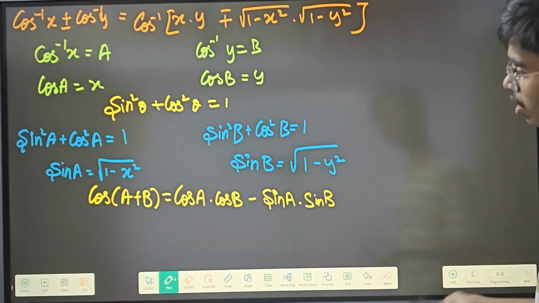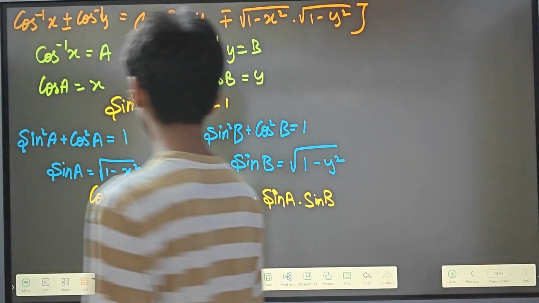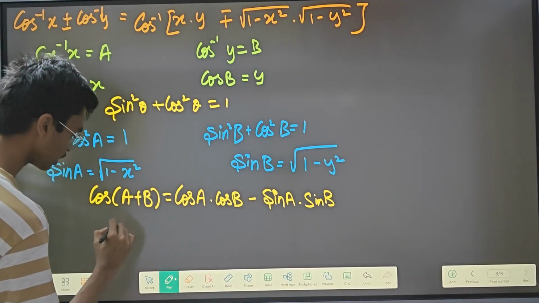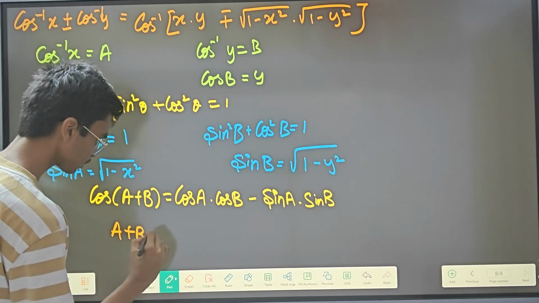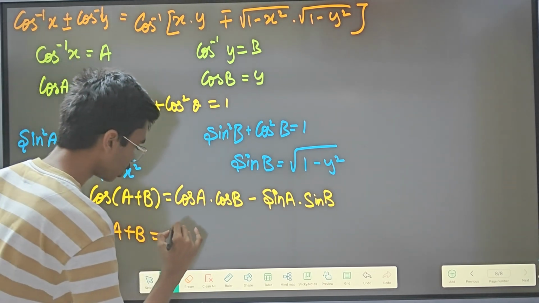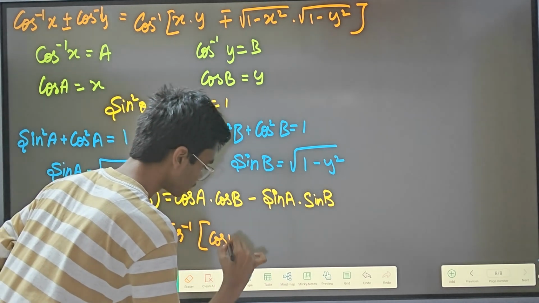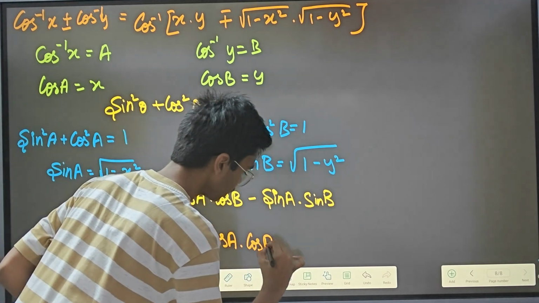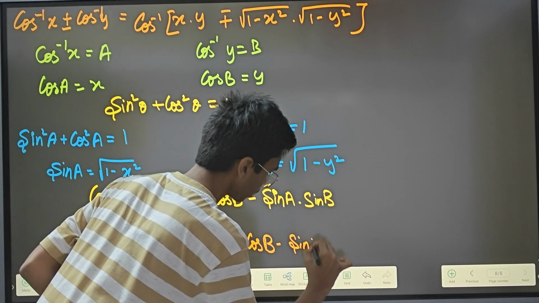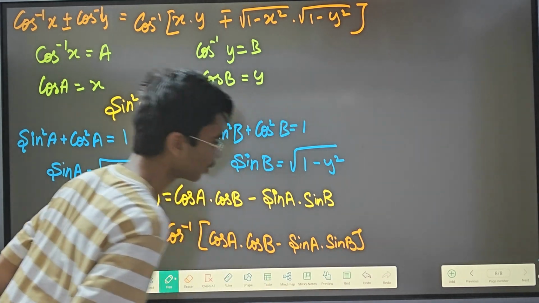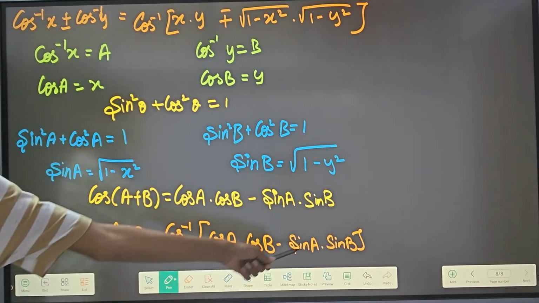The resultant equation will be A plus B is equal to cos inverse of cos A dot cos B minus sin A dot sin B.